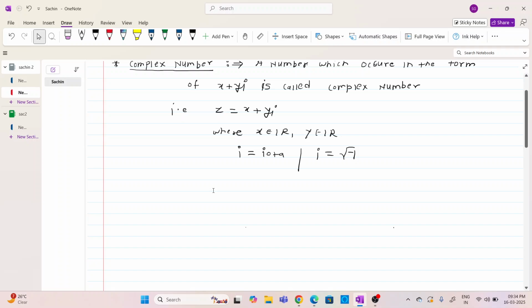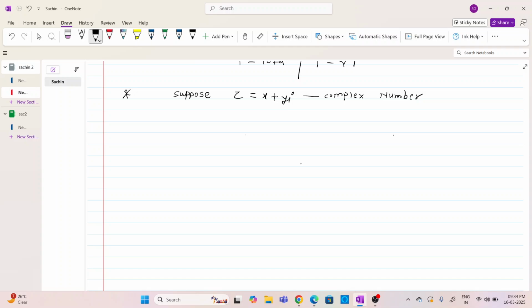Okay. Now suppose z is equal to x plus yi. This is the complex number.